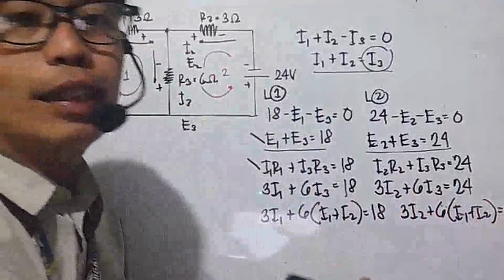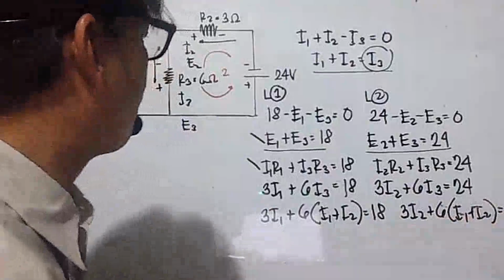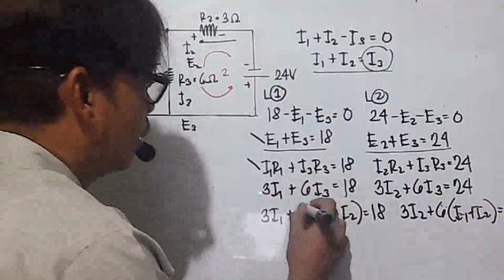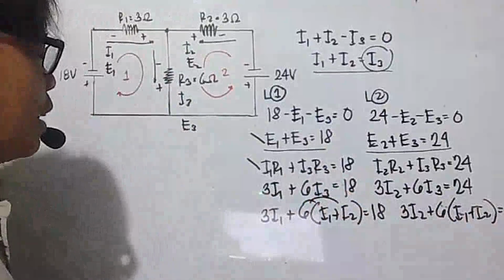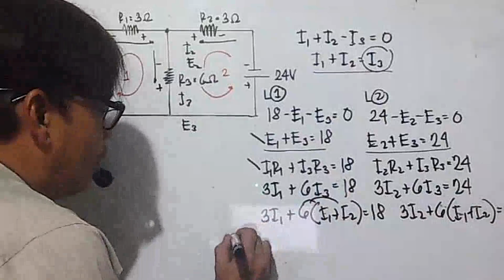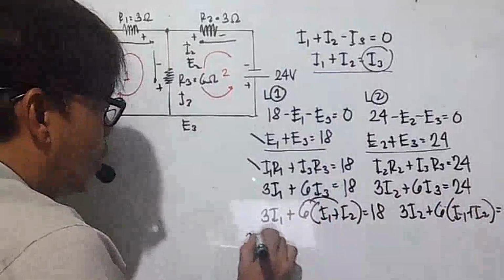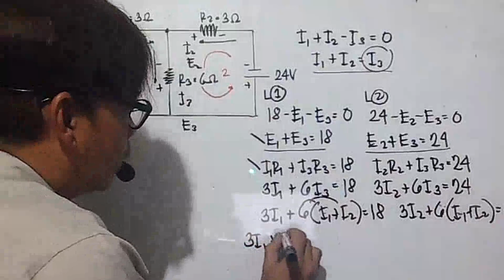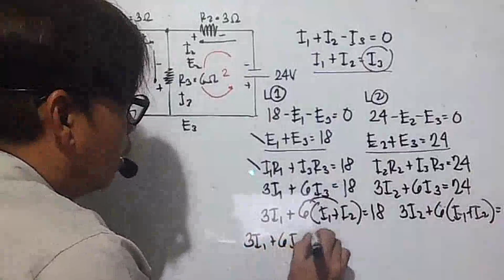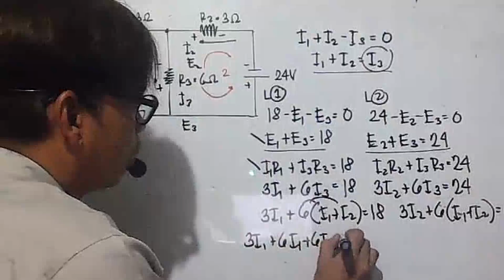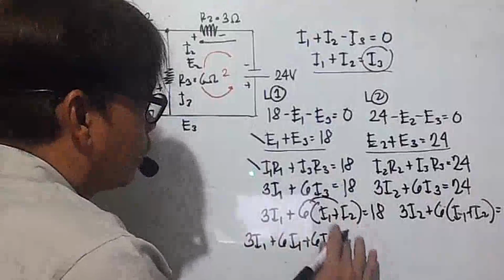Okay, now we distribute yung 6. Okay, so it is now, I'll be moving here para makita niyo yung dulo. Okay, so it is 3 I1 plus 6 I1 plus 6 I2 is equal to 18.